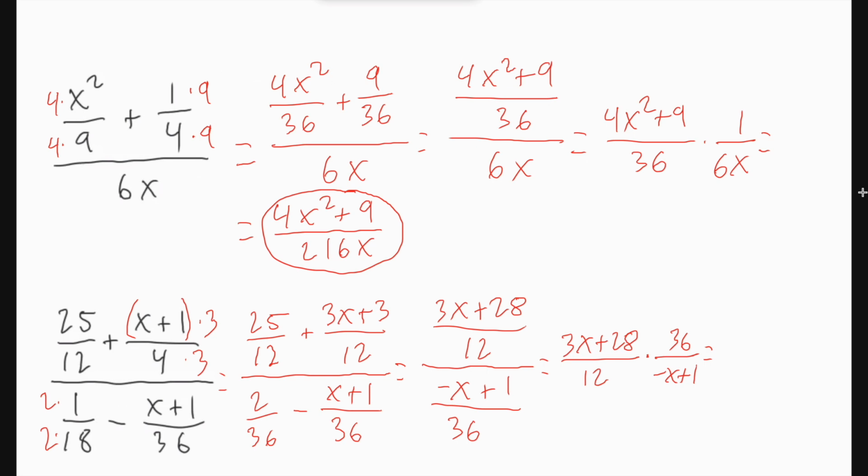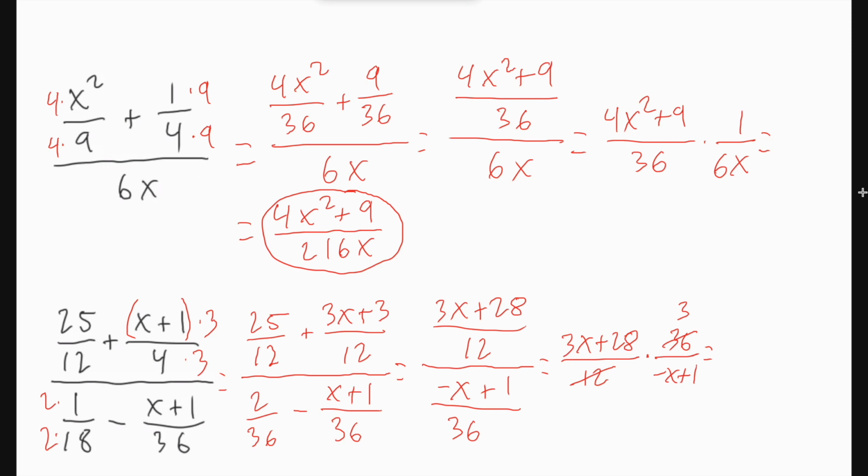And so the 36 and the 12 we can do some stuff with. 36 divided by 12 is 3. So the 12 can just go away, and 36 becomes a 3. And the 3x plus 28 and the negative x plus 1 won't be able to reduce at all.